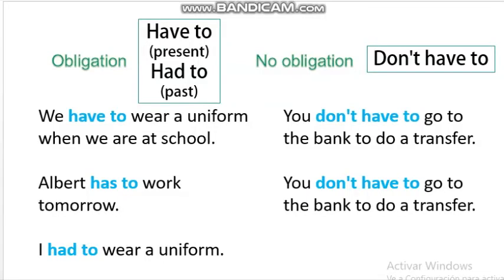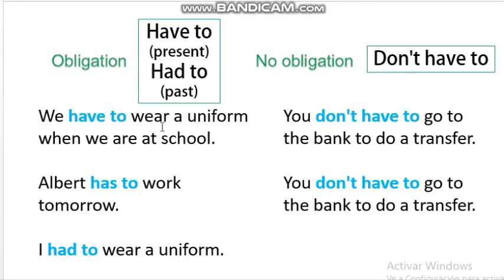Now we are going to talk about obligation. To talk about obligation, we use have to in the present and had to in the past. For no obligation, we have don't have to, the opposite.